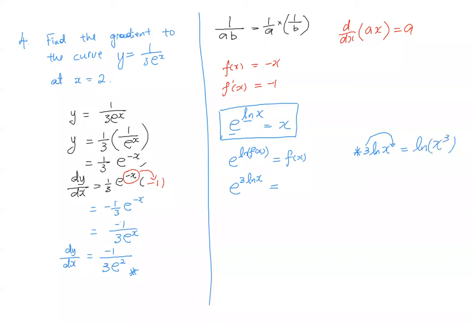So make sure the coefficient of ln inside the power of e is 1. Whatever is there, you put up to become the power for x. This is another rule you have to remember. So this will be x cubed. Are you okay?